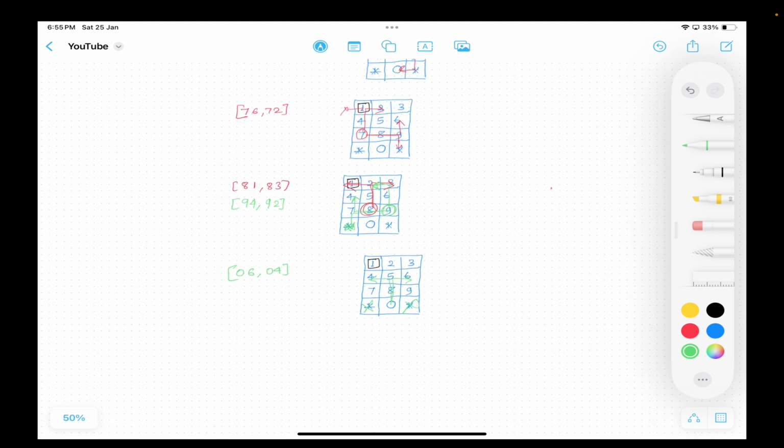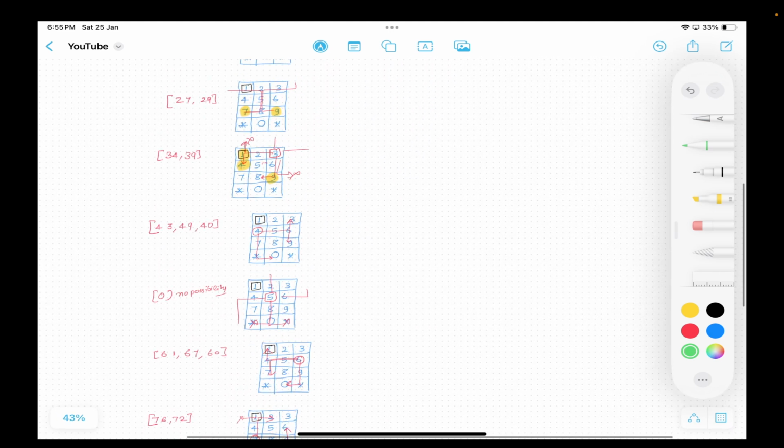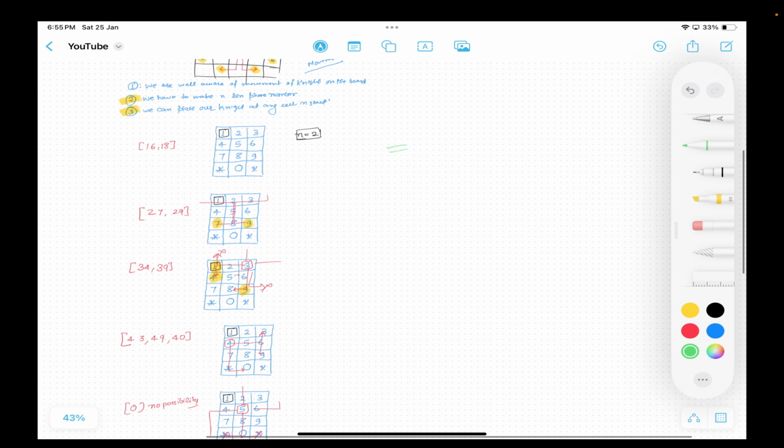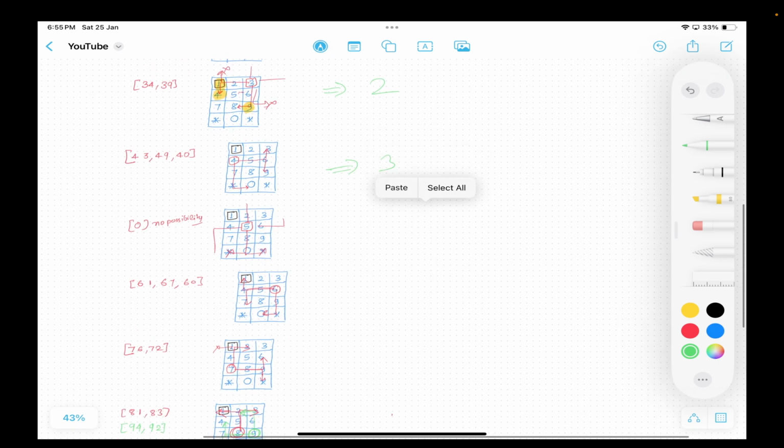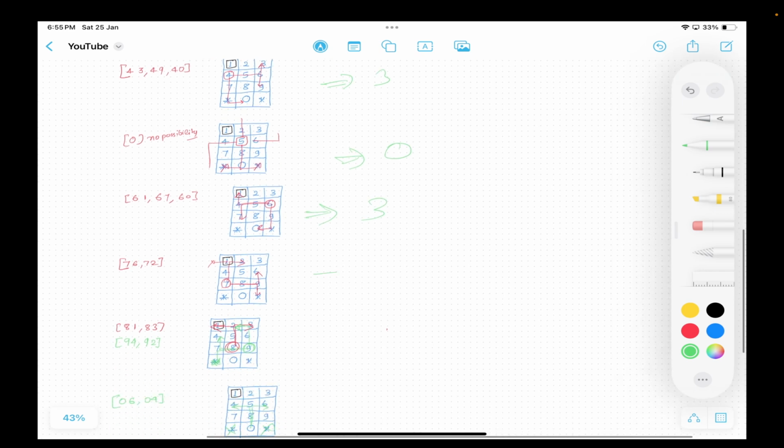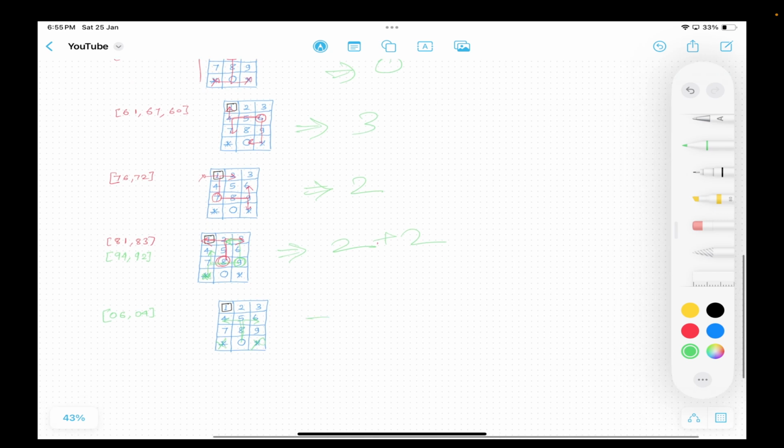So if you see all the possibilities, here we have 2, here we have 2, here we have 3, here we have 0, here we have 3, here we have 2, here we have 2 with 8 and with 9 plus 2, and here we have 2 with 0.